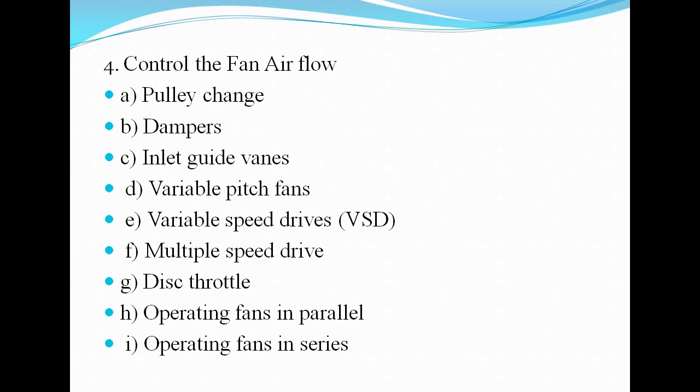Then multiple speed drive, then disk throttle, then operating fans in parallel, and finally operating fans in series. Operating fans in parallel means the fans are fixed in a parallel manner, and operating fans in series means fans are installed in a series manner.